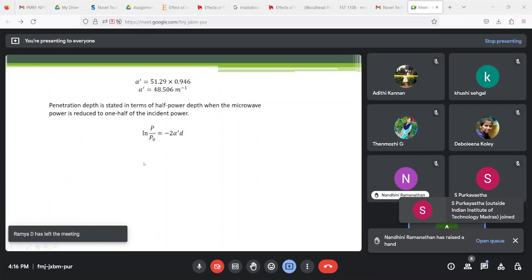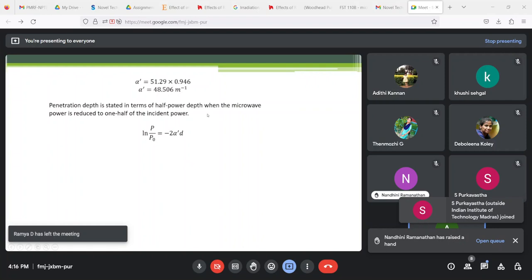So let's say this is the formula. Ln of P by P naught is equal to minus 2 alpha dash D. So P is the power at a certain depth, say D. P naught is the incident power that was initially given. Alpha dash is the attenuation factor, and D is your penetration depth.